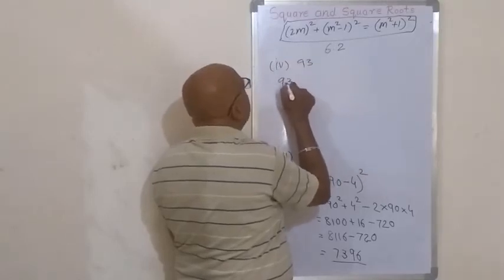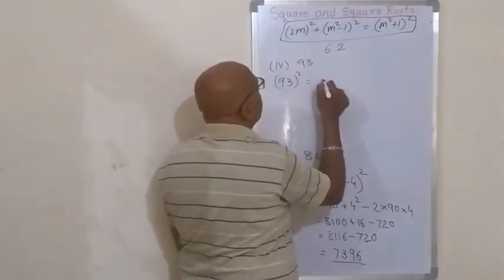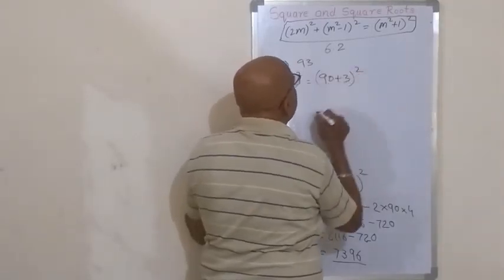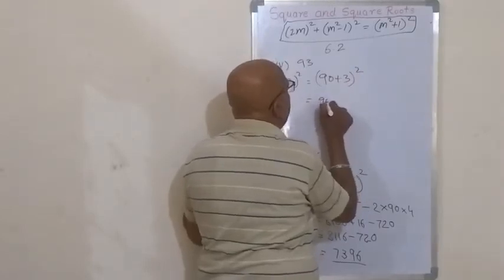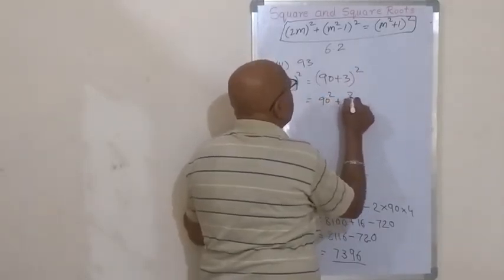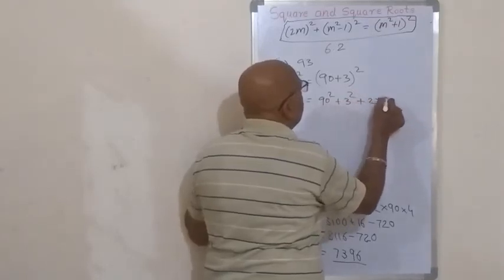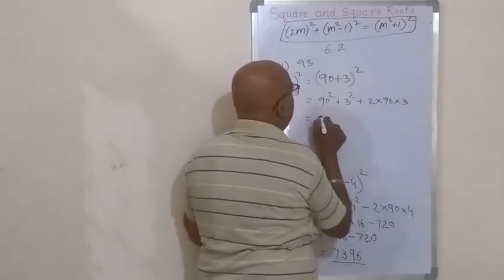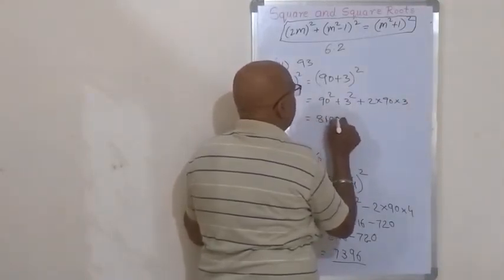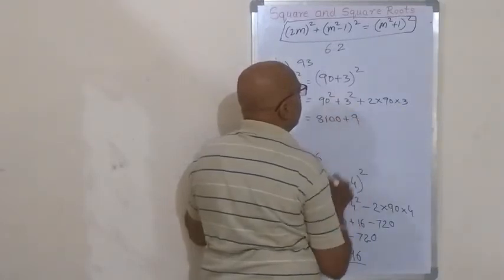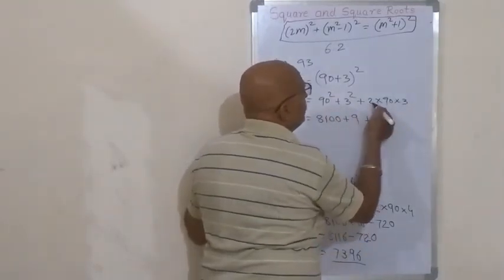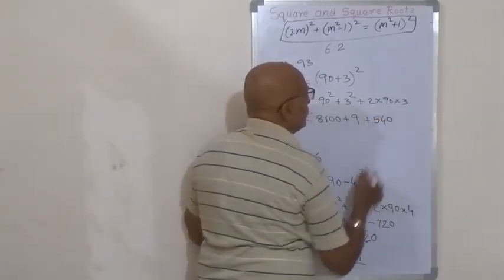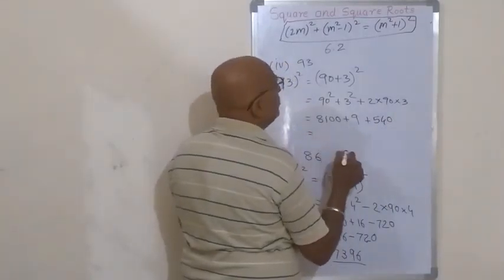So 93 whole square equals 90 plus 3 whole square equals 90 square plus 3 square plus 2 into 90 into 3. 90 square is again 8100, plus 9, plus 3 2s are 6, 9 6s are 54, 540.